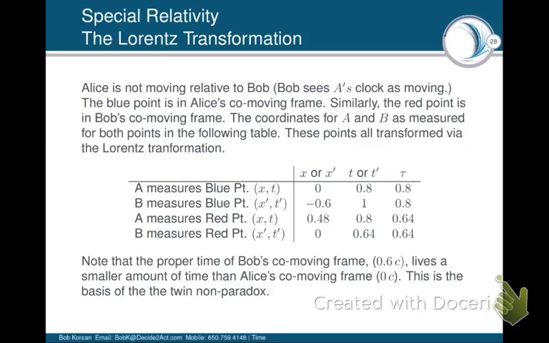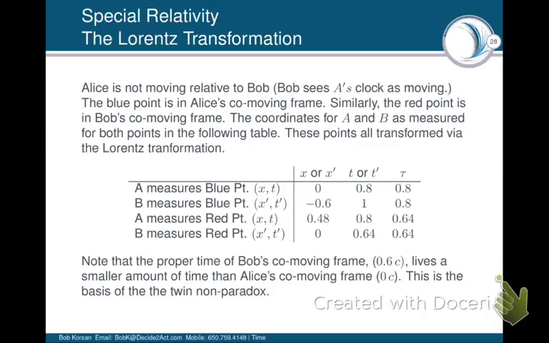Bob's measure is minus 0.6 and time t equals 1. So Bob, because he's moving relative to A, has time dilation, and his time is longer than Alice's measurement of Alice's clock.